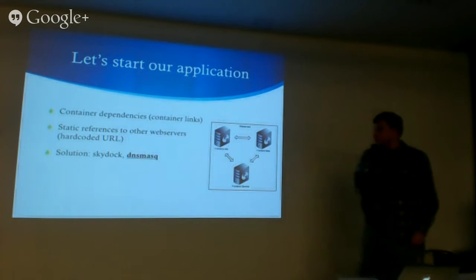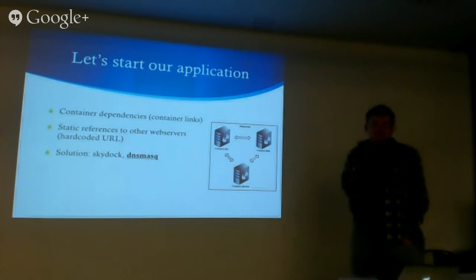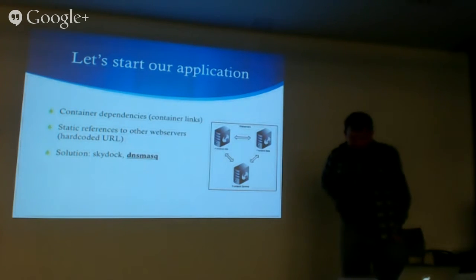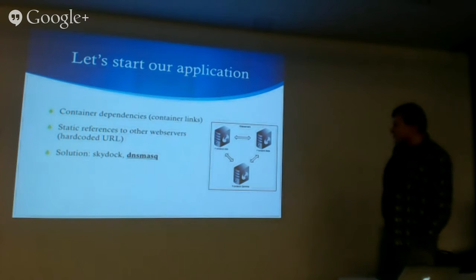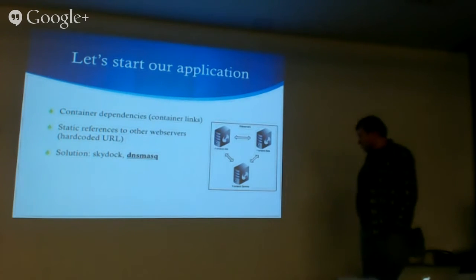Unfortunately, we cannot use this solution because it forces the application to use a specific URL format, which our application, of course, doesn't support. So again, we have to make a trade-off, as always.